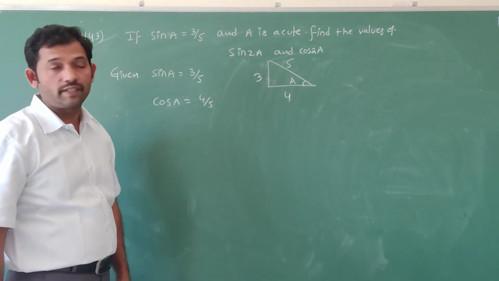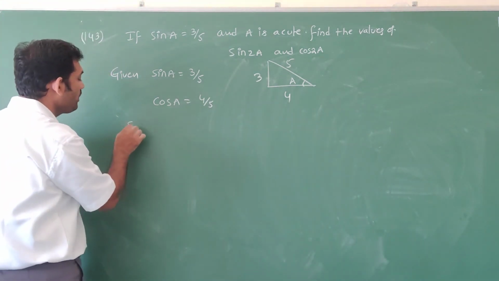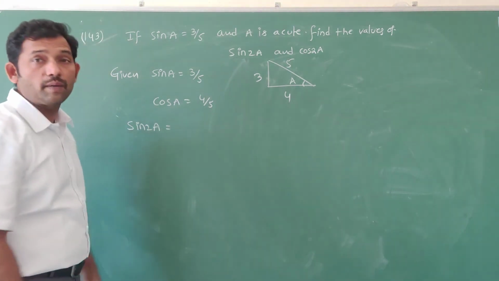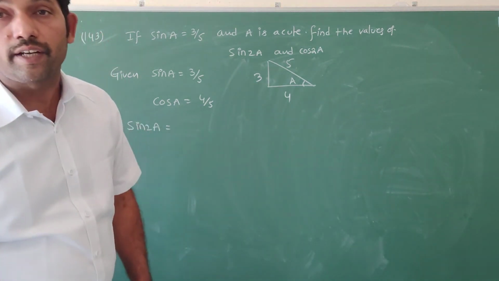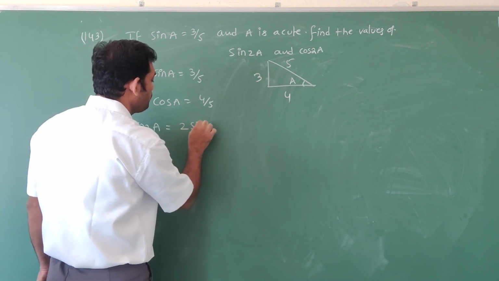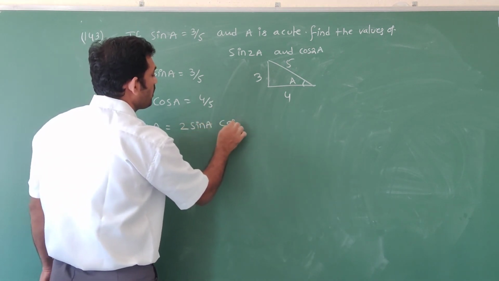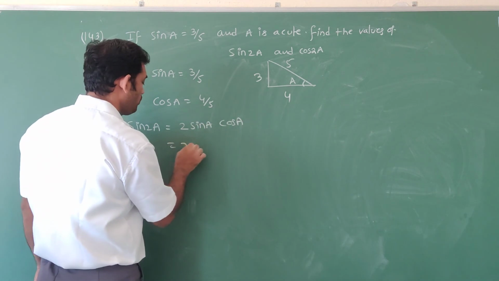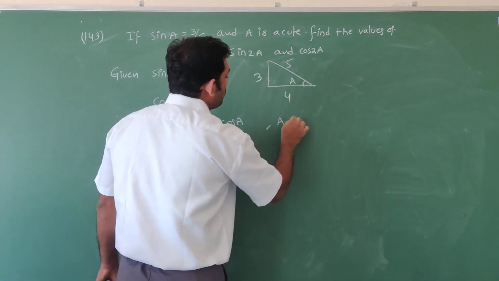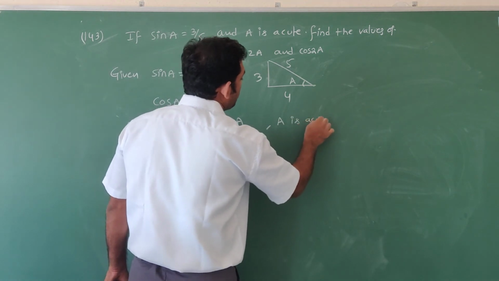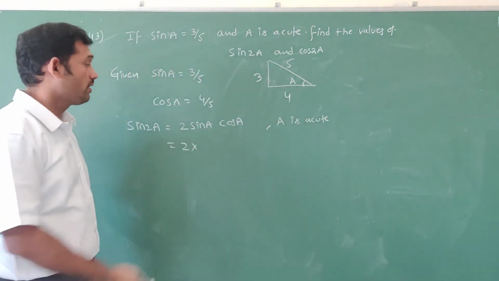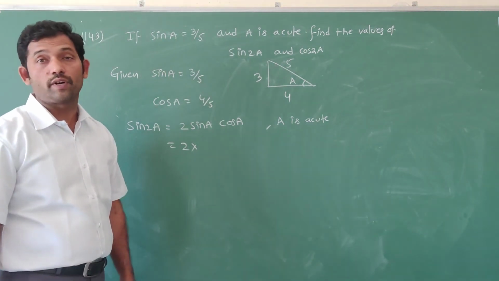After that, take the sin 2A value and simplify. The sin 2A formula is 2 sin A cos A. A is acute, so A is in the first quadrant.